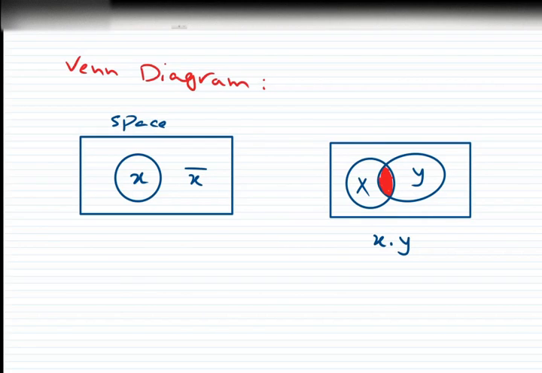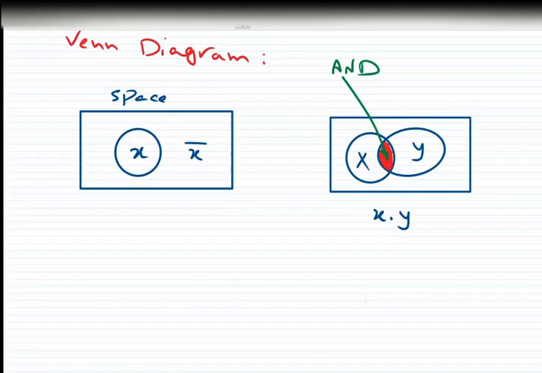So it is representing the AND gate. So AND gate is the common area between two variables. So any part of the space which is part of both x and y is AND space.